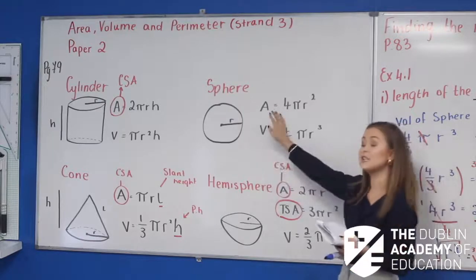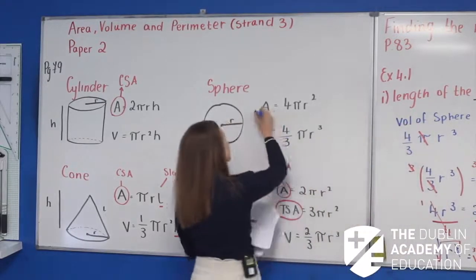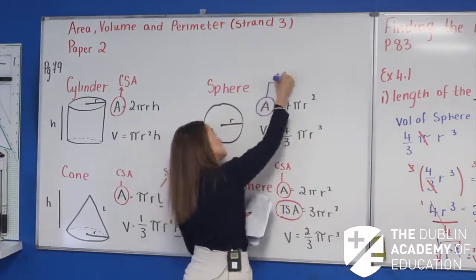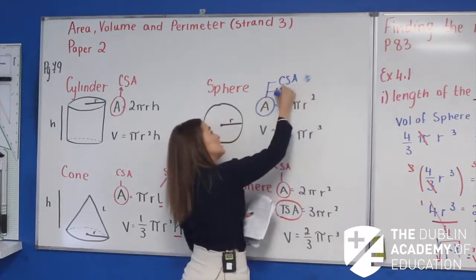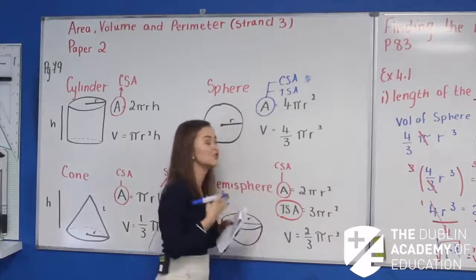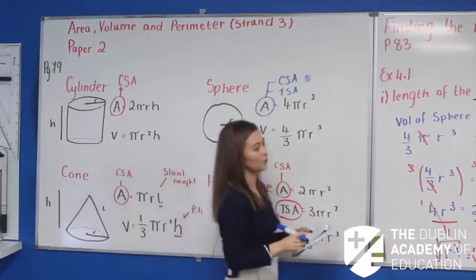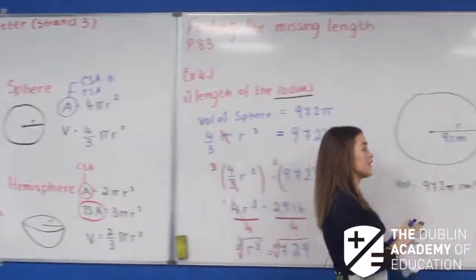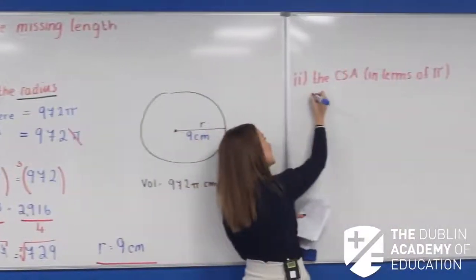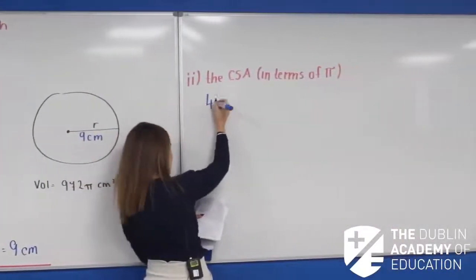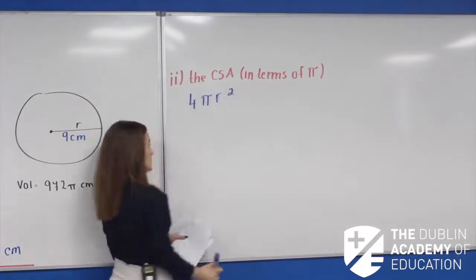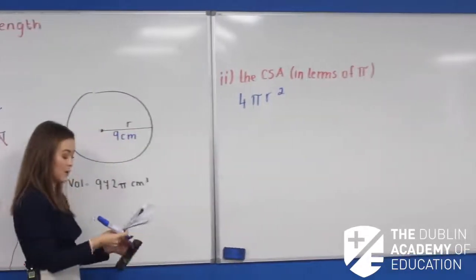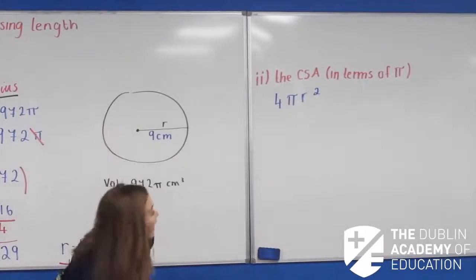So in this case, this is the CSA, but I'm just going to write below it, the total surface area. So just to remember that. So I'm going to go back over. Now my curved surface area, as I said, my formula is 4 pi r squared.